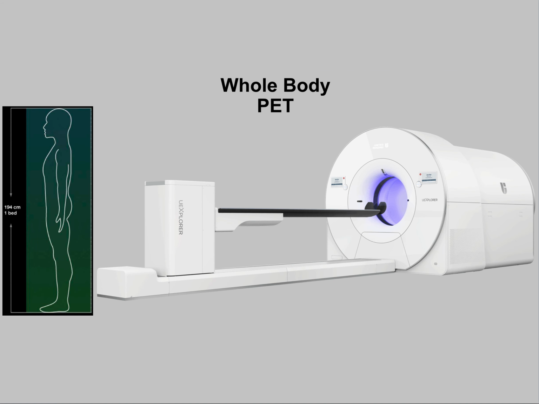A more recent development came from a company called United Imaging. It's a Chinese manufacturer that created a whole body PET machine that has a 194 centimeter long imaging gantry. So that's essentially enough for every patient, except perhaps some of the professional basketball players, but in reality, even in them, if we get it up to the knee, that's more than enough.